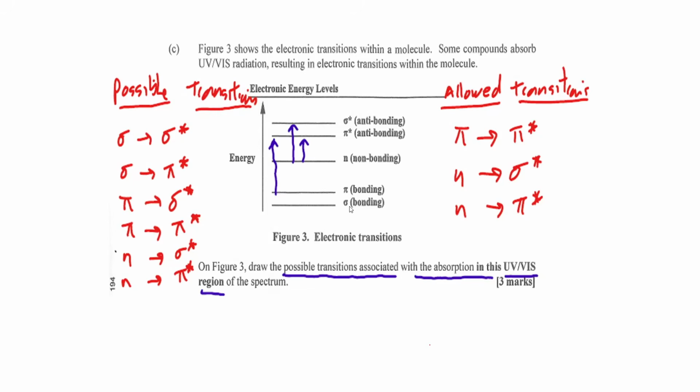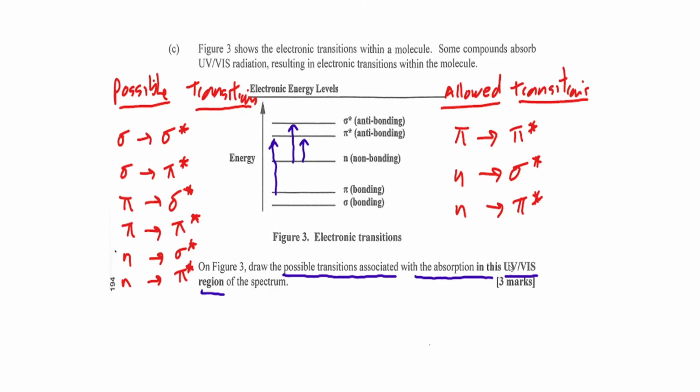You might have a sigma to sigma star. You might have sigma to pi star, and then pi to sigma star, pi to pi star, then n, which is their non-bonding or lone pair electrons, to sigma star, and n to pi star. So on figure 3, draw the possible transitions associated with the absorption in this UV-Vis region of the spectrum.